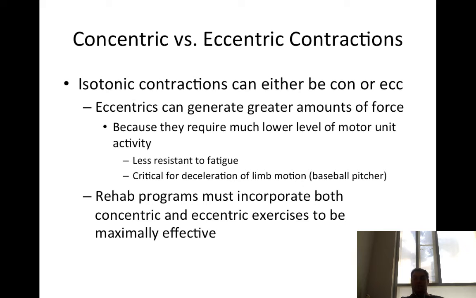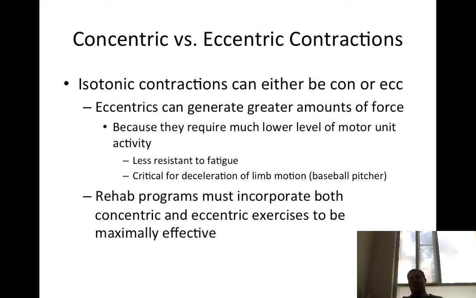They're less resistant to fatigue, and like I said, they're critical for deceleration of a limb motion. So our book talks about a baseball pitcher, right? You throw the pitch, once the ball's released, you're slowing your arm down. There's some studies out there that your arm's moving about 8,000 degrees per second in a Major League Baseball player. That's crazy.